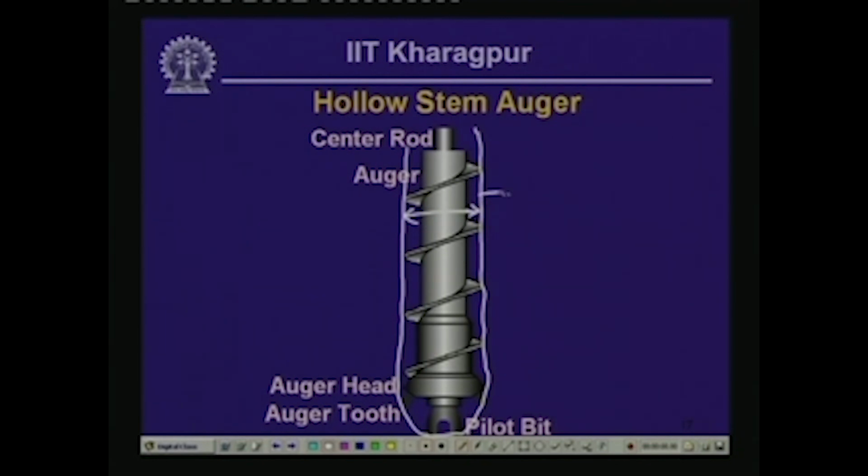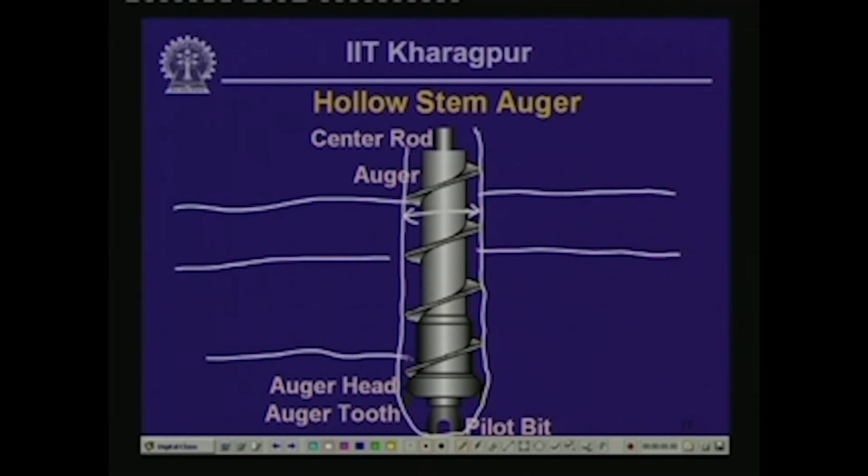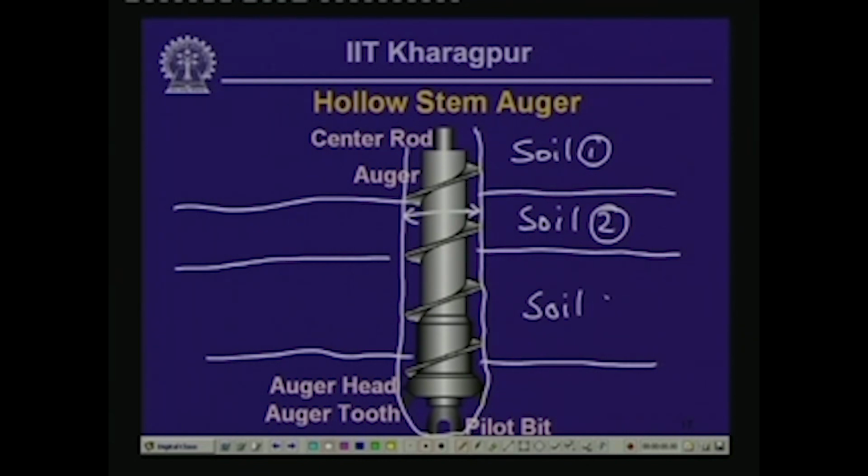So, here again we are going to look at the stratigraphic details of different types of soil and rock that are encountered. So, this one here could be soil 1, this could be soil 2, then we could have soil 3, and then we could have soil 4 in this case.